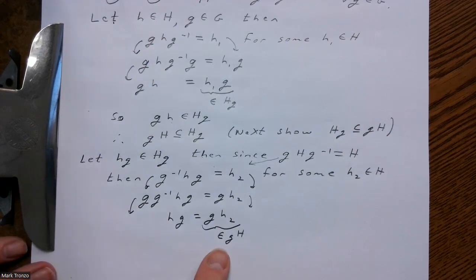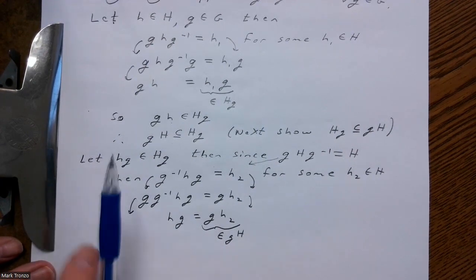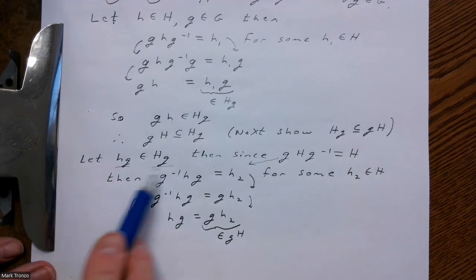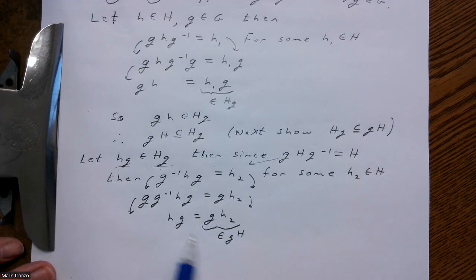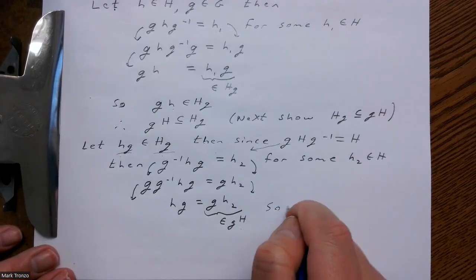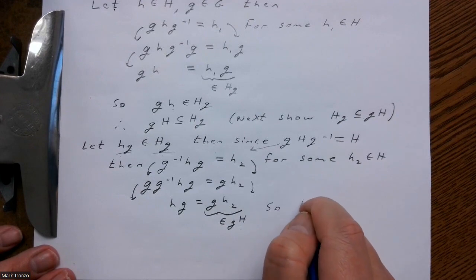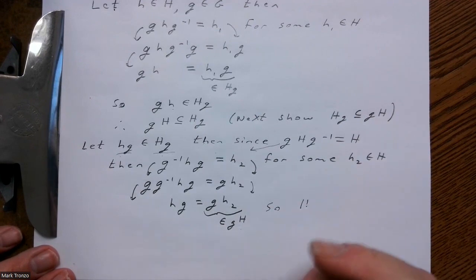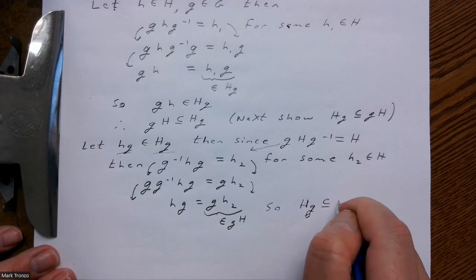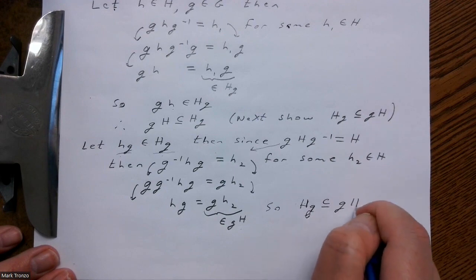So then this is in GH. So that means we've picked a typical element in HG, and proved that that element is equal to something in GH. So that means that HG is a subset of GH.